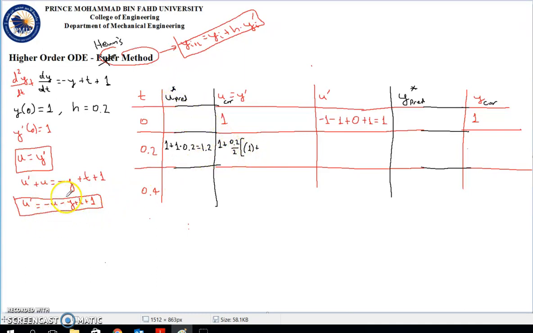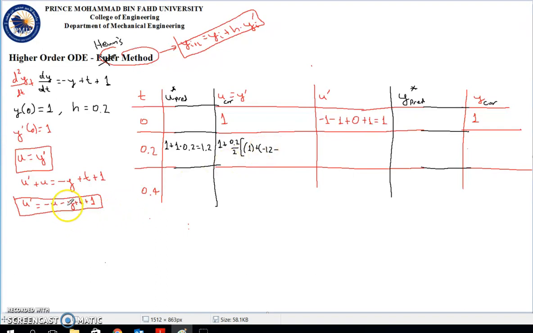So that's our function for u prime. So we'll have minus u predictor, which is 1.2, so minus 1.2, minus u, which we'll have to calculate, plus t is 0.2 plus 1.